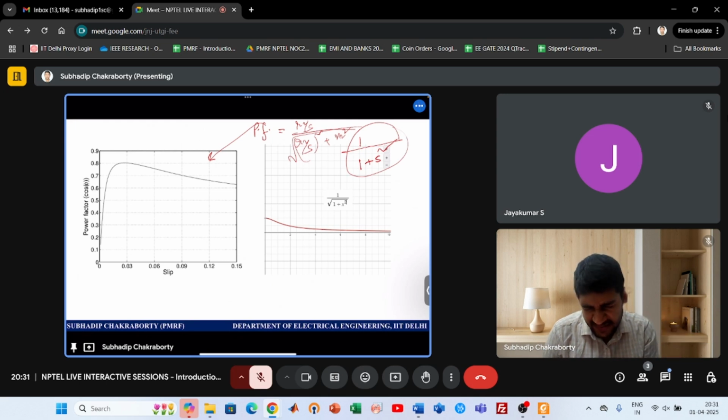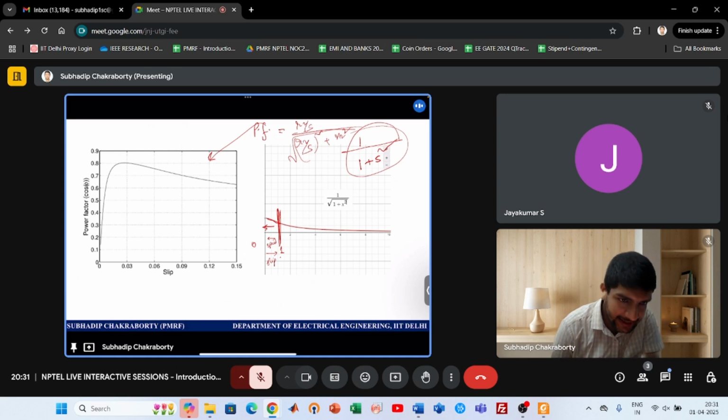But see, if you plot it, because slip is within 0 to 1, right? Ideally, mathematically, as speed increases, in this direction my speed is increasing, so slip is reducing, and I am getting good power factor.